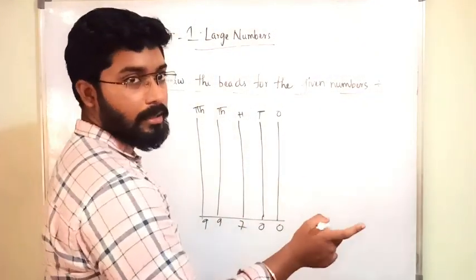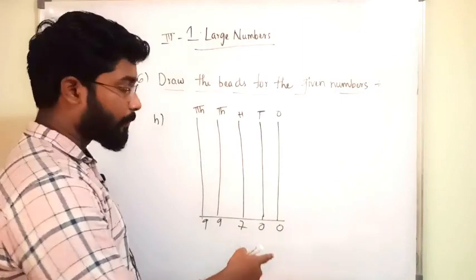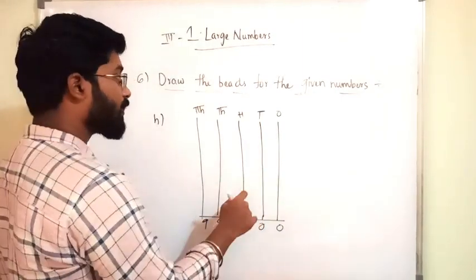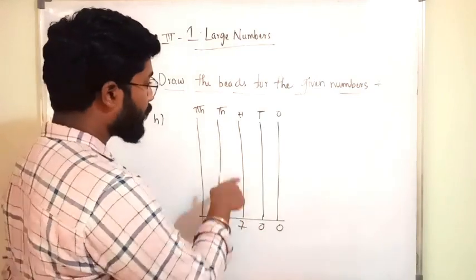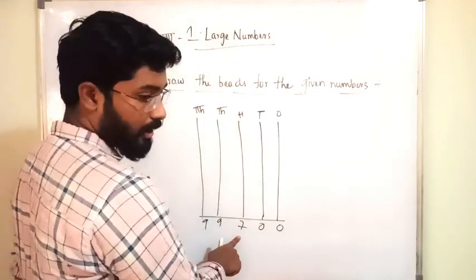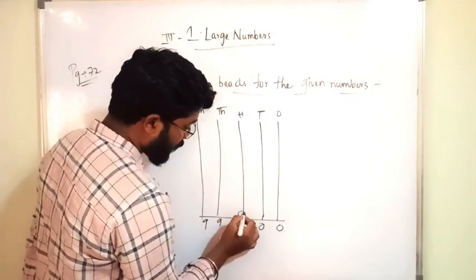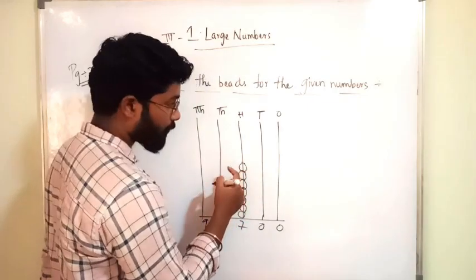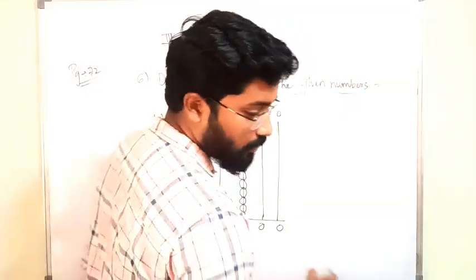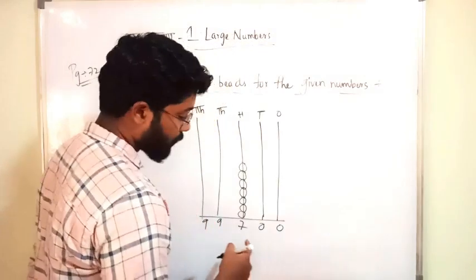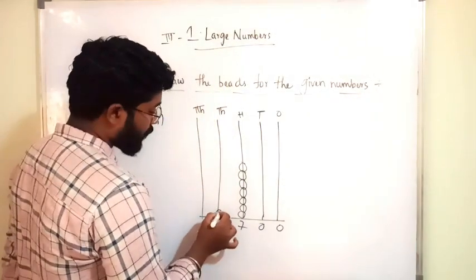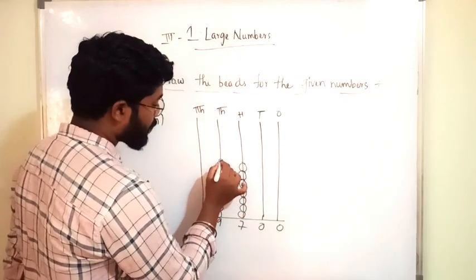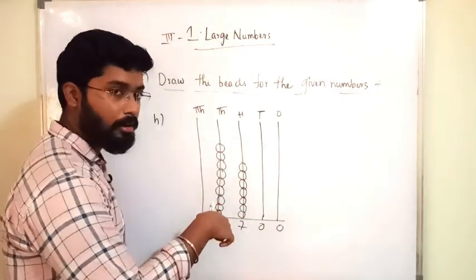So you should not keep any bead in this ones place. Under tens rod also 0, so you should not keep anything. Under hundreds rod you are having 7. So 1, 2, 3, 4, 5, 6, 7. Completed. Under thousands rod you are having 9. You have to draw 9 beads.